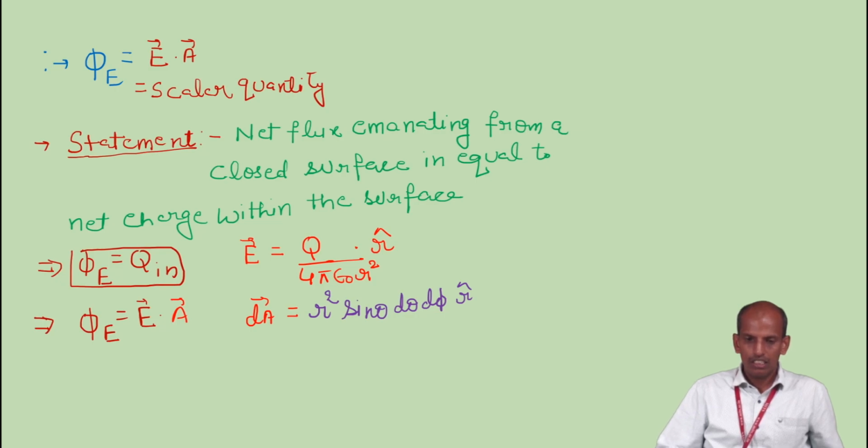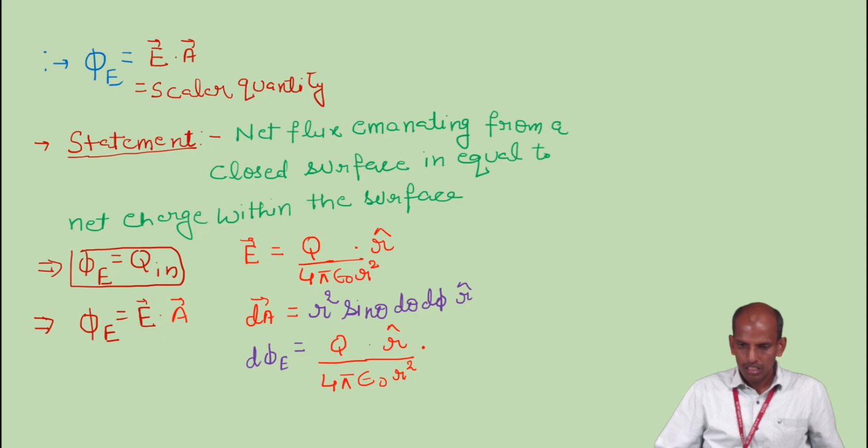So now d phi E would be simply Q over 4 pi epsilon naught R square, R hat dot R square sine theta d theta d phi R hat. So this will give you Q by 4 pi epsilon naught R square.